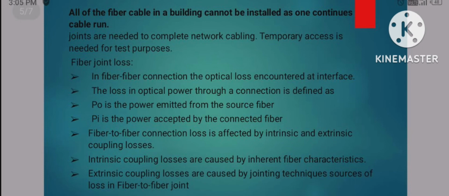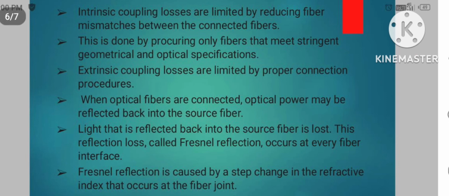Extrinsic coupling losses are caused by jointing techniques. Different techniques are used to join the optical cables, and the losses that happen due to those conditions are called extrinsic coupling losses. Intrinsic coupling losses are limited by reducing fiber mismatches. We can reduce them by using fibers with the same refractive indices.